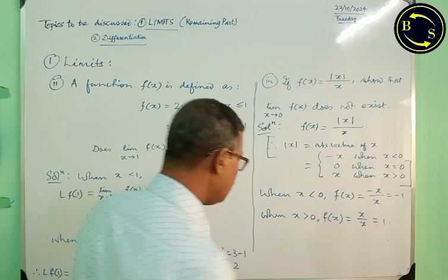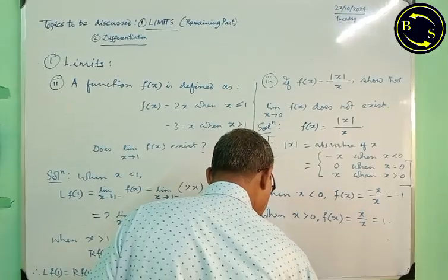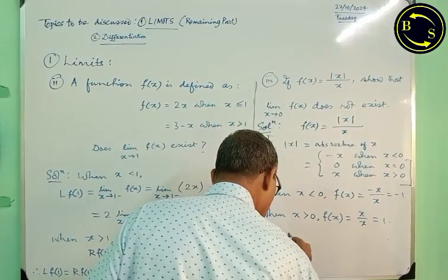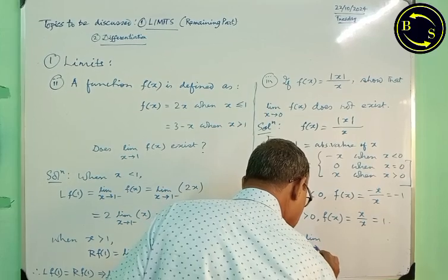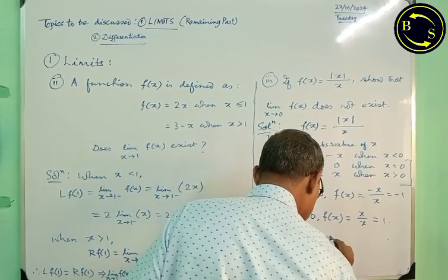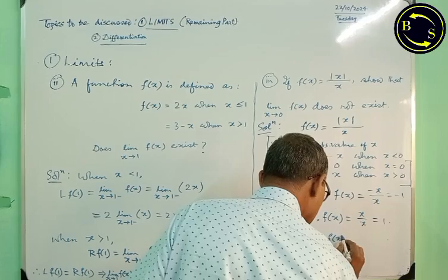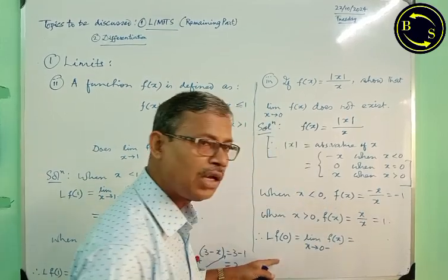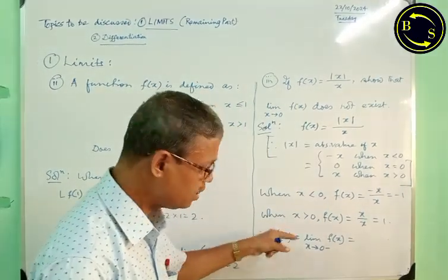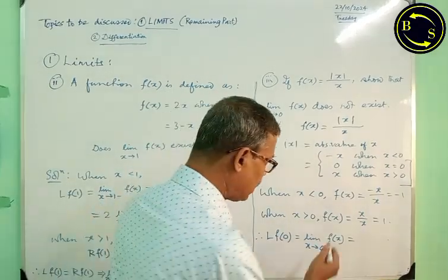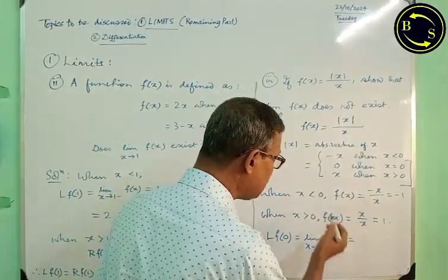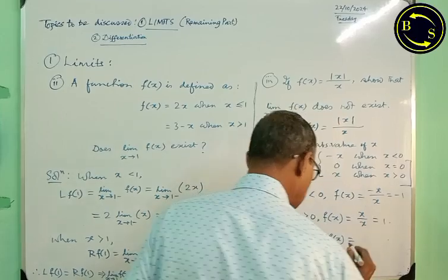Therefore, L f 0, limit x tends to 0 minus f x. Left hand limit L f 0 is equal to limit x tends to 0 minus f x, and this f x will be this one, minus 1.